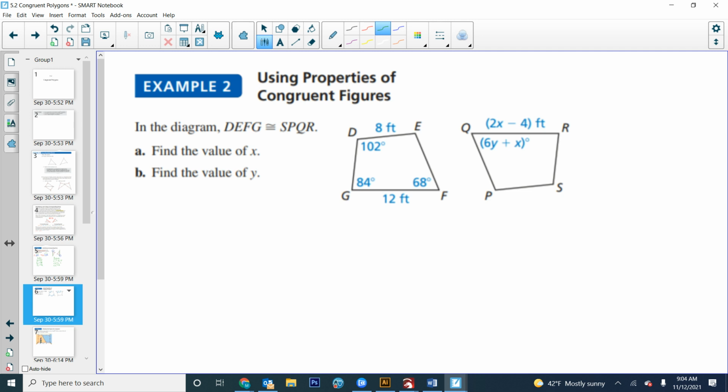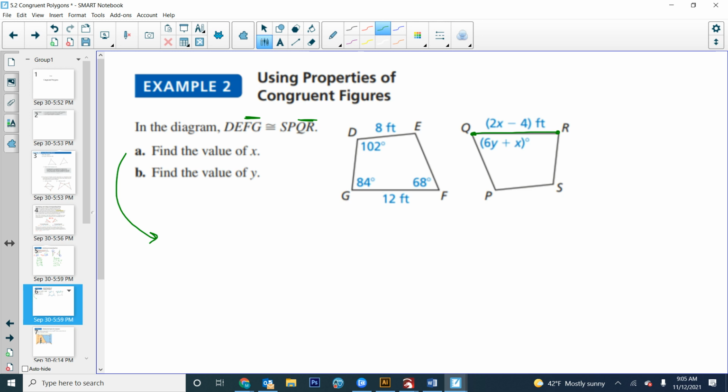All right. I don't know if we want to skip this one or not. No, let's do it. Find the value of x. All right. Well, I see an x up here. QR is 2x minus 4. You see it? QR goes with FG.